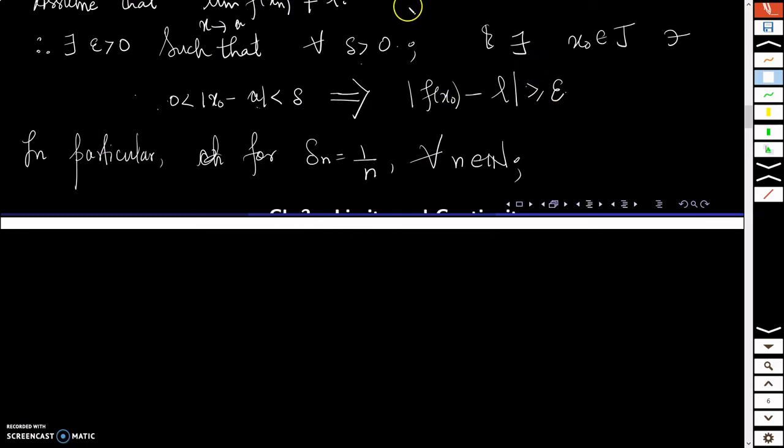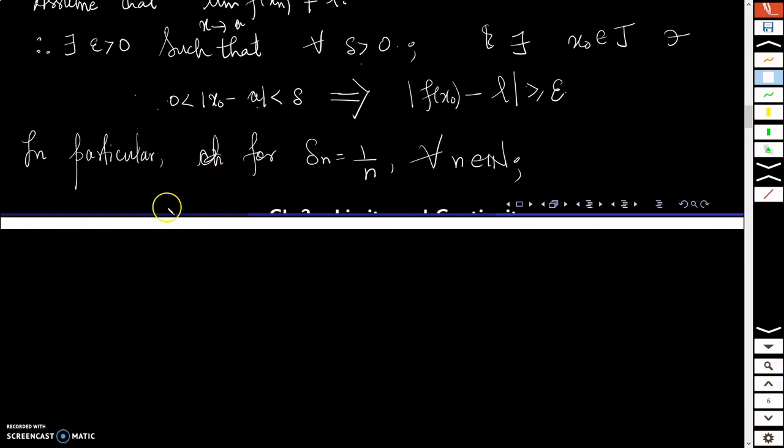right? So for delta 1, I will be able to find one point x1 in J such that this happens. For delta 2 equal to half, I will be able to find one point x2 for which this condition happens.